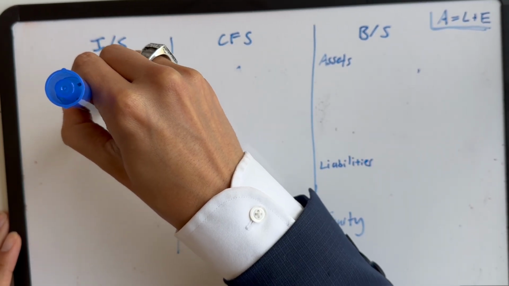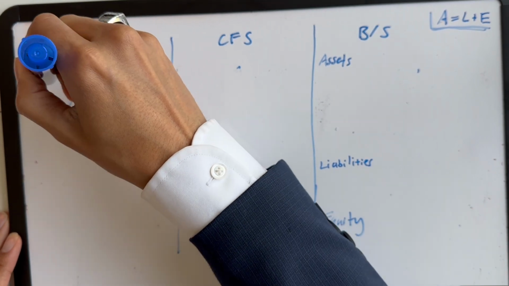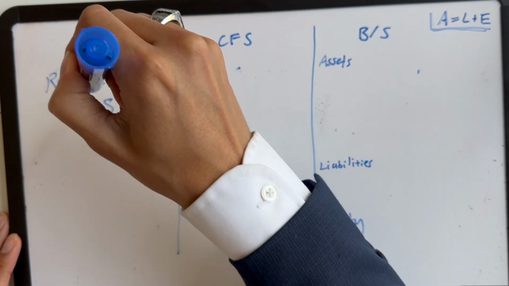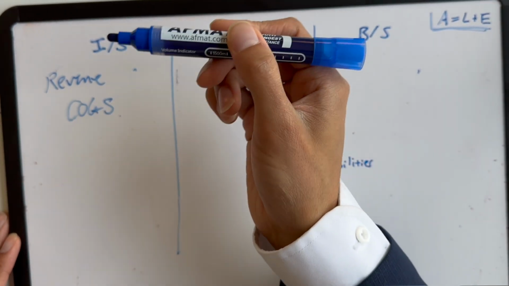Let's talk now about a similar scenario, but when a company needs to pay expenses as opposed to selling something. So we talked earlier about the fact that there are different types of expense categories. You have your cost of goods sold, your COGS, underneath your revenue, and then you also have your other operating expenses.